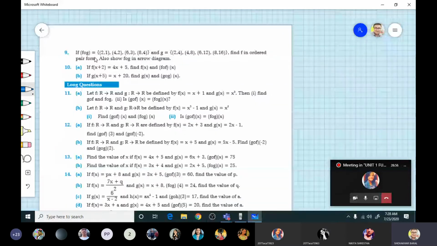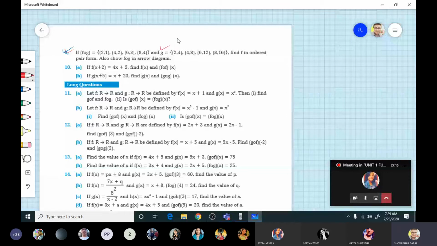Okay, now question number 9. This one is a bit different. Here the composite is given. In the previous questions we needed to find the composite. Now the composite is already given, and the function g is also given.